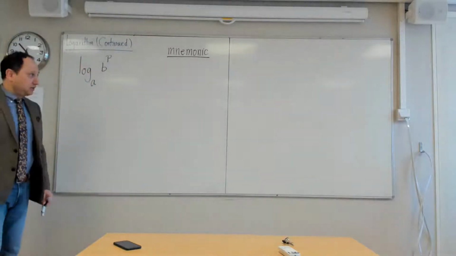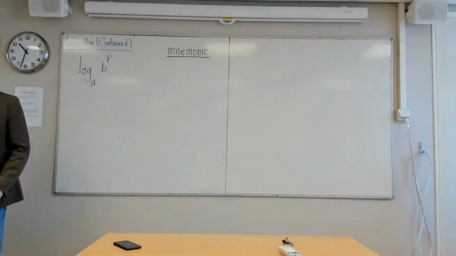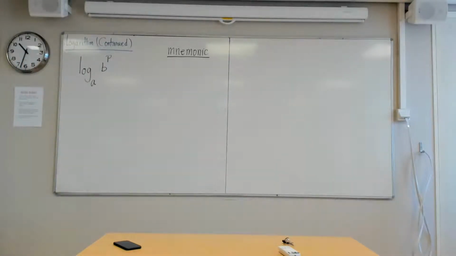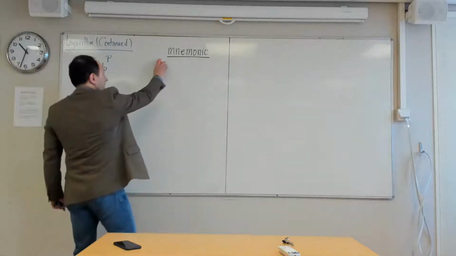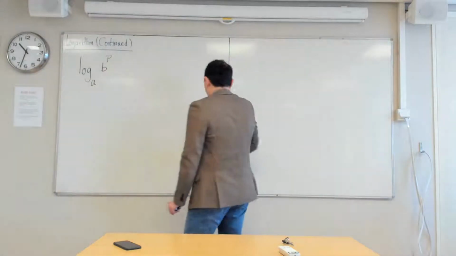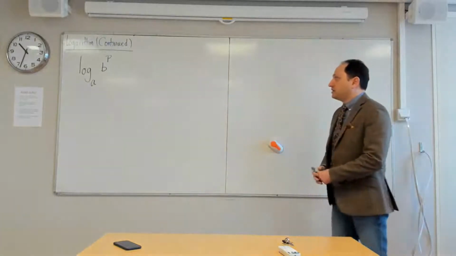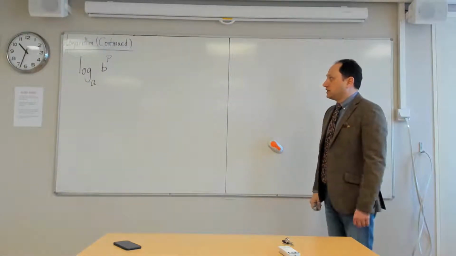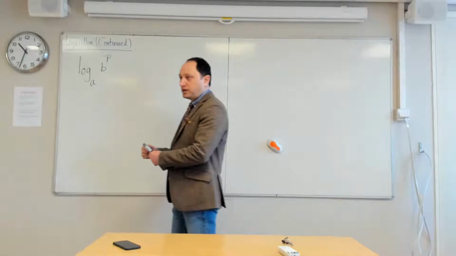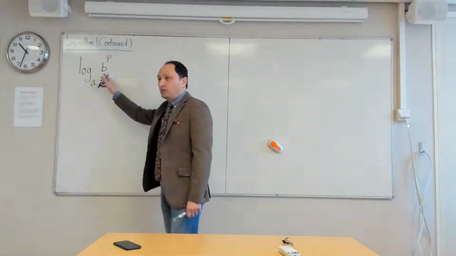Anyway, now let me see, where is the whiteboard cleaner here? If you remember, we were exploring the properties of logarithms, yes? We learned two things which are in the book, and this is the third formula in the book.